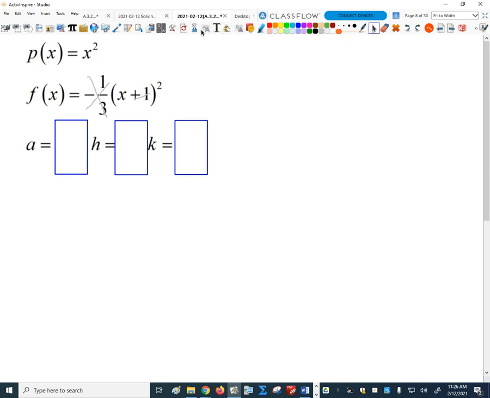Okay, so now we start with an x squared. To get f of x, we did some stuff to it. What's the value of the vertical dilation factor a in this case? Isabella, can you tell me what a is?